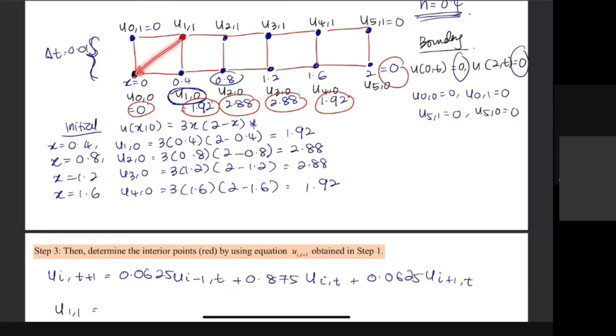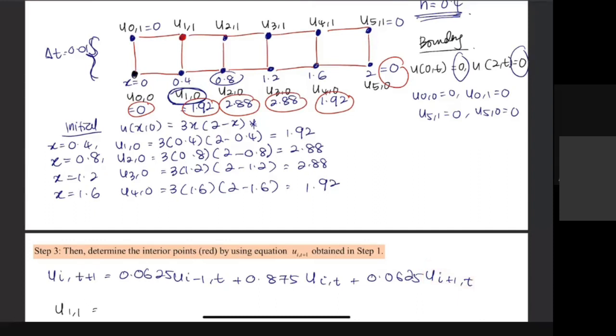So u i minus 1 t refers to this point, u i t is this point, and u i plus 1 t equal to this point.